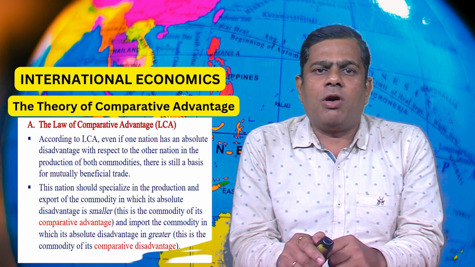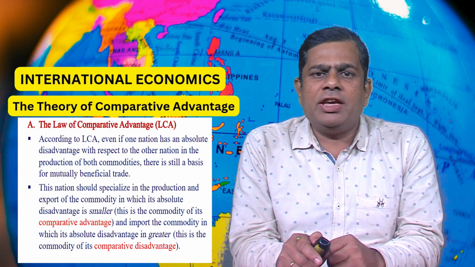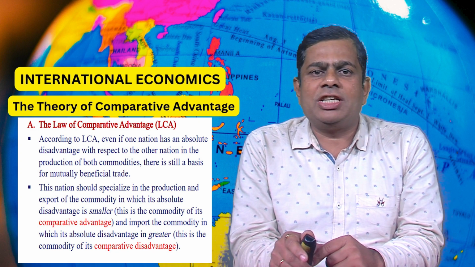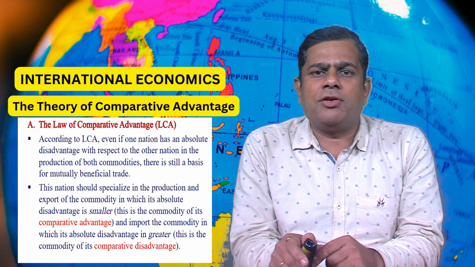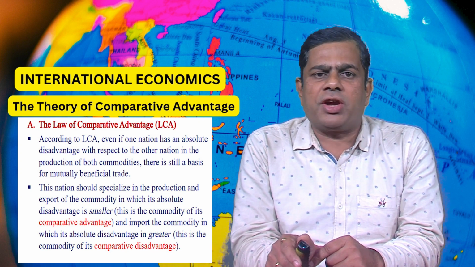The concept of comparative advantage is also known as the law of comparative advantage, LCA. According to LCA, even if one nation has an absolute disadvantage with respect to the other nation in the production of both commodities, there is still a basis for mutually beneficial trade.